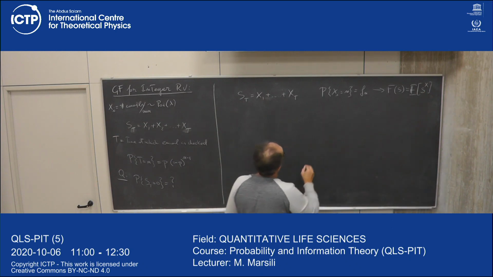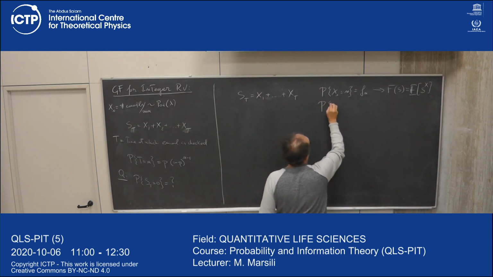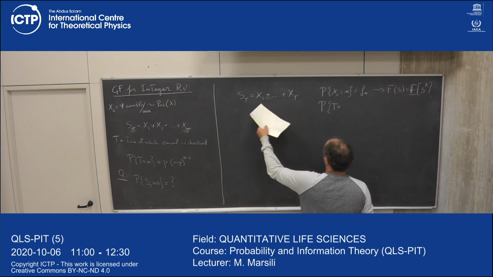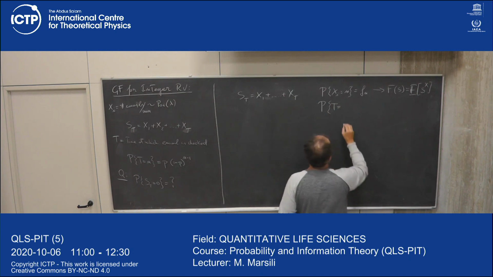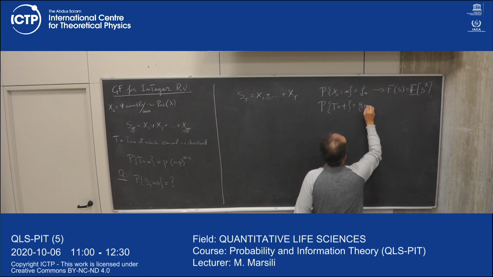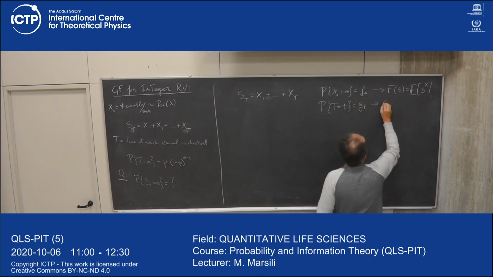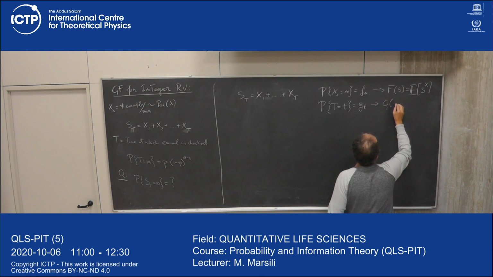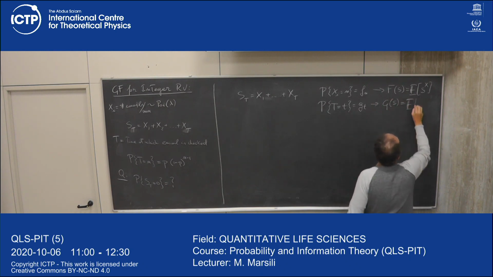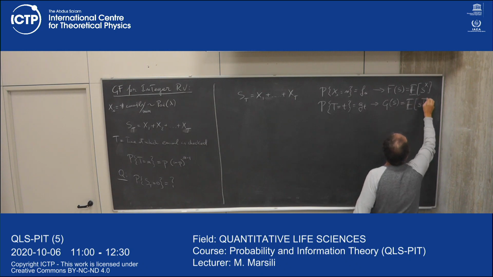And the probability that this number of terms that I'm summing is equal to t, we are going to call it g of t, and the corresponding generating function is g of s, which is the expected value of s to the t.